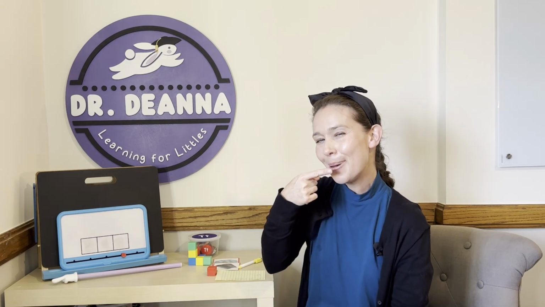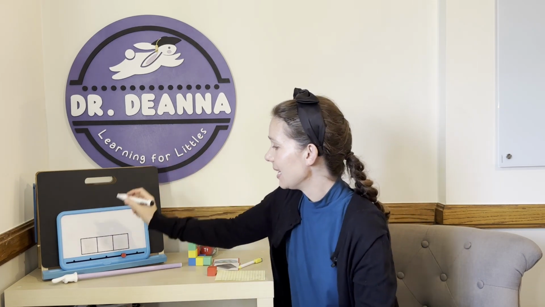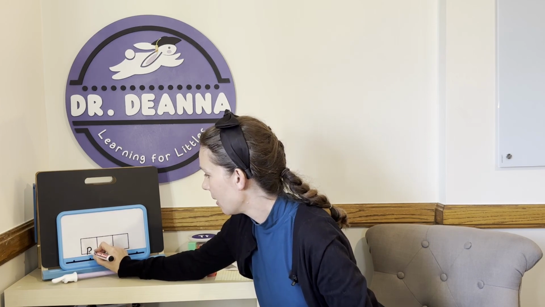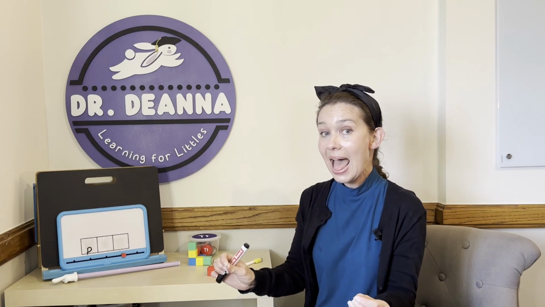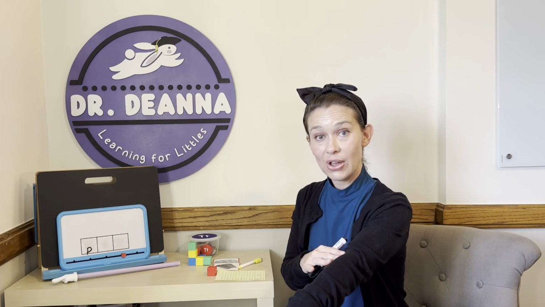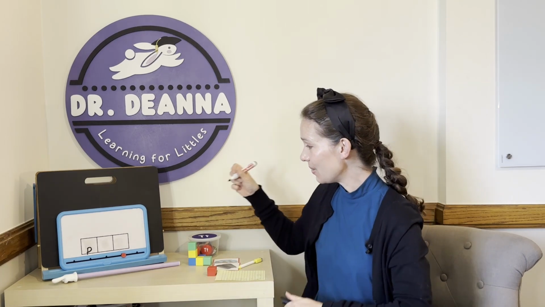I hear the p sound, and it's not a name, so I'm going to use a lowercase p. It's a little tricky with these boxes, but that's okay. We make do. All right, now stretch it out. Pat. What did you hear in the middle? Did you hear the ah? Thumbs up, me too.